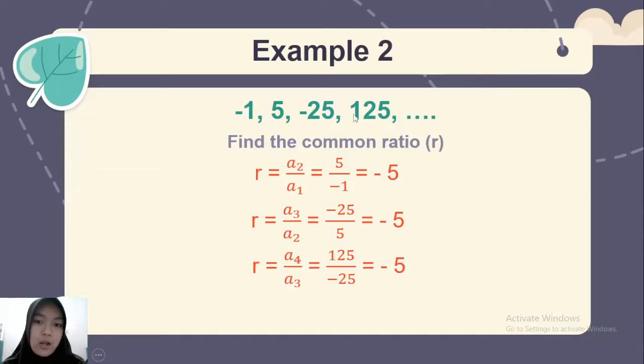Our a sub 4 is 125, and our a sub 3 is -25. So, 125 divided by -25 is also equal to -5. Therefore, the common ratio is -5. Then, we can say that -1, 5, -25, 125, and so on is a geometric sequence.